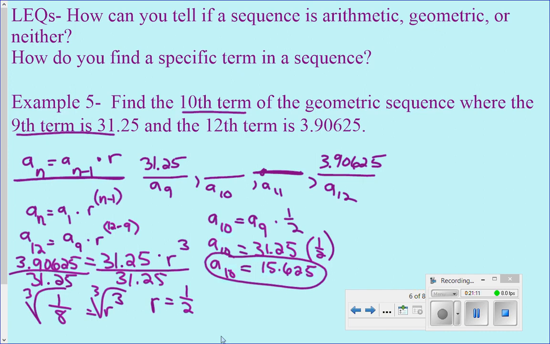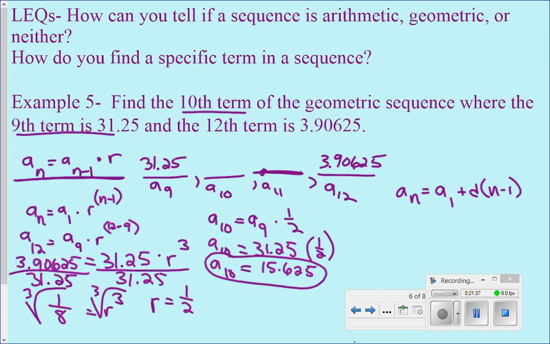I just want to point out, and we'll do some more of these in the next couple of days, that not only are you able to adjust the explicit geometric formula, which is what we did here, changing the 1 to a 9 and then this 1 to a 9, but you can also adjust the explicit arithmetic formula. So we know a sub n is equal to a sub 1 plus d times the quantity n minus 1.